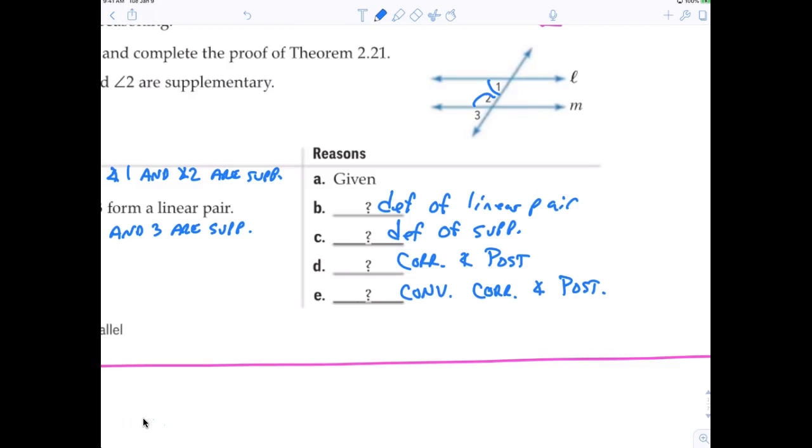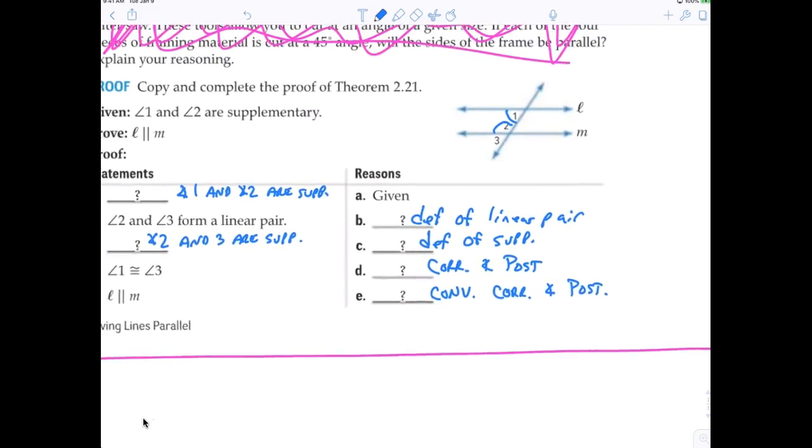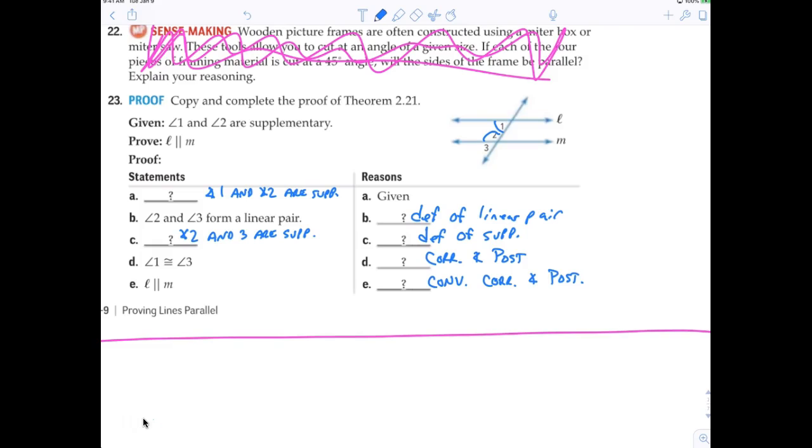I don't think I put this on the test. But if it were on the test, if I said prove the converse of the consecutive interior angle theorem, then you can't just say, because they're consecutive interior angles, they're parallel. Does everybody understand?